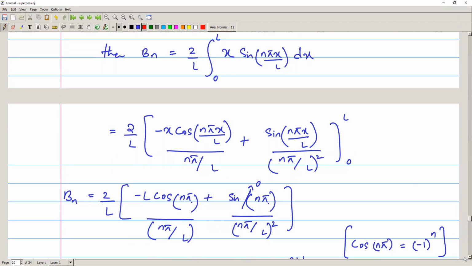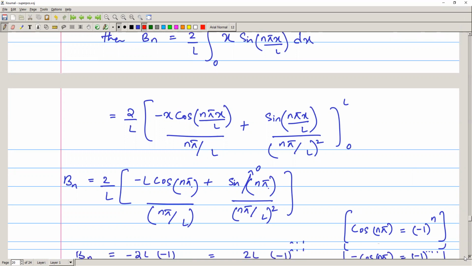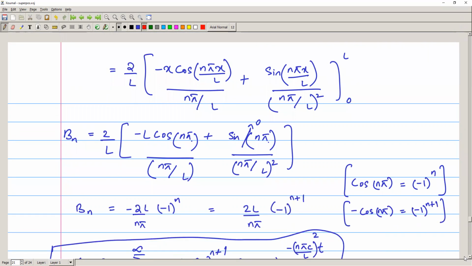and you are all well familiar with this Fourier series, and you can solve it easily, and the end result will be b_n equals negative 2L over n pi times negative 1 to the power n, right? And then we can shift this negative sign into the bracket, then we will write n plus 1 in the power.